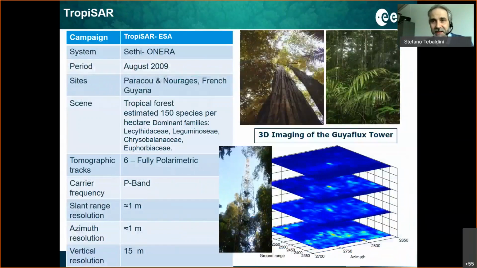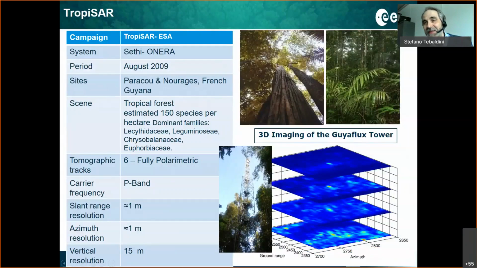Then we have another example here from TropiSAR. So in this case, here is a tropical forest, again at P-band, again in a campaign supported by ESA, and this time we have acquisitions by Onera. I like to show this image because it was interesting for us.